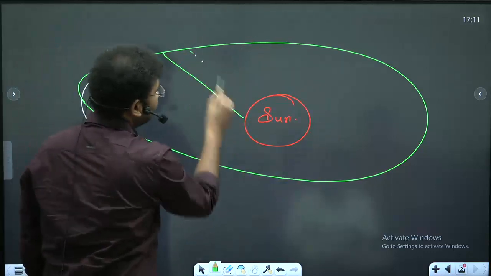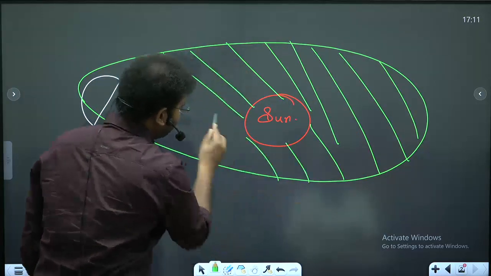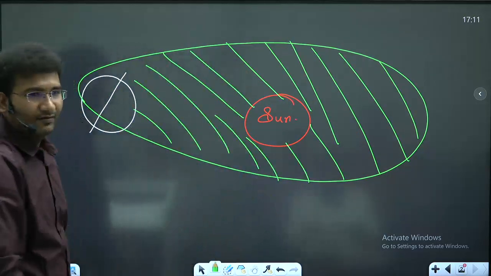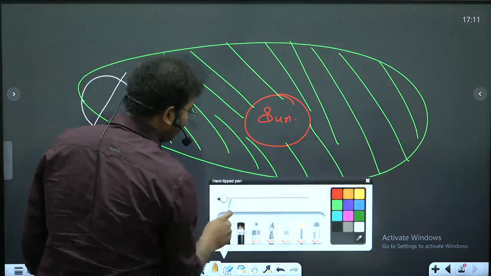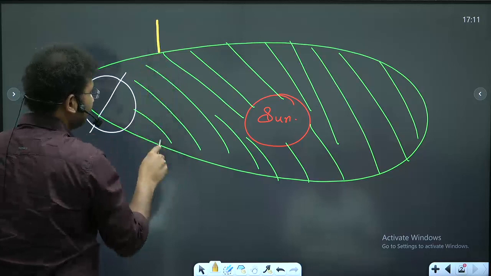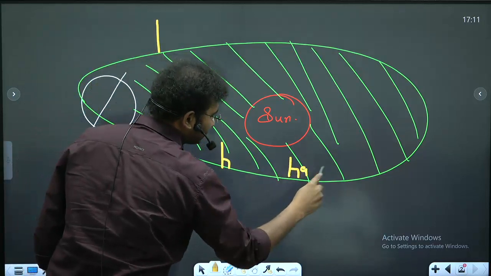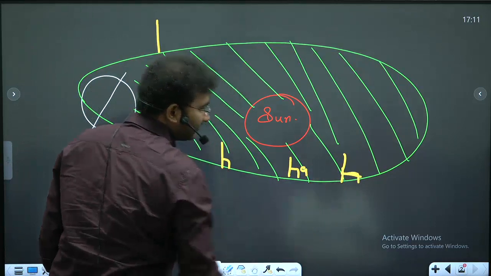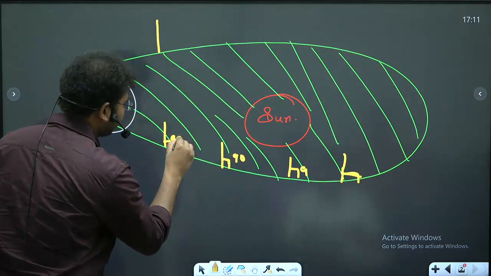That means from this plane, when you draw a perpendicular line, I told you the perpendicular line is this. This angle is 90 degrees. Right?